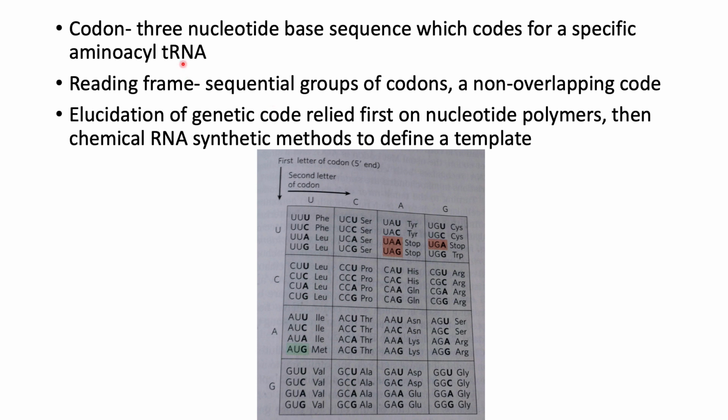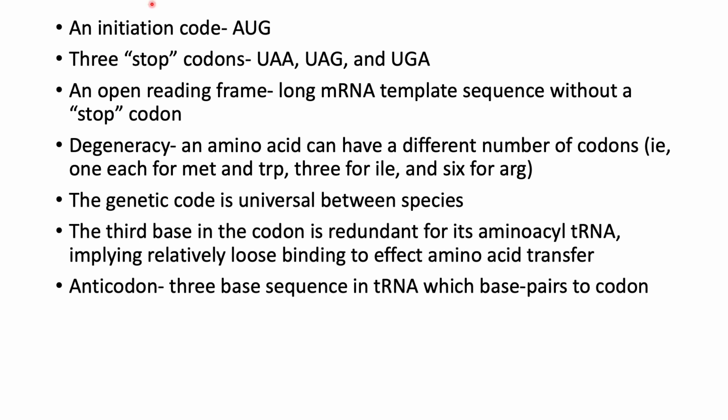So this is a codon, 3 nucleotide base sequences which code for a specific amino acyl tRNA. The reading frame is a sequential grouping of codons. They are non-overlapping. They occur in sequence. And the elucidation of the genetic code by Khorana relied first on nucleotide polymers, then chemical RNA synthetic methods to find the template.